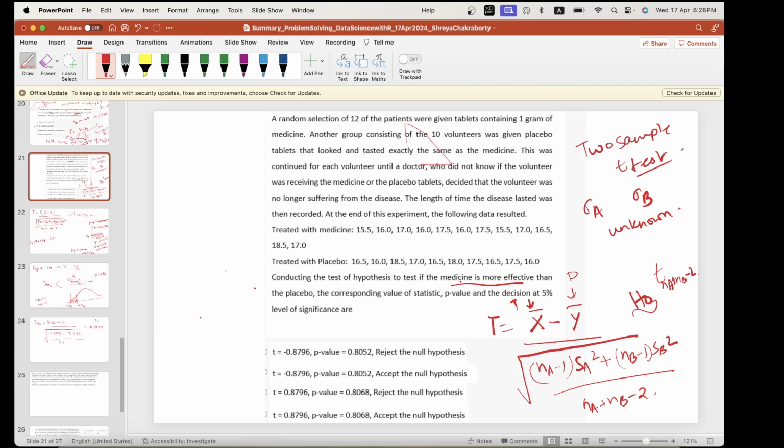Another group was given placebo, continued for each volunteer until a doctor who did not know decided that the volunteer was no longer suffering from the disease. The length of time the disease lasted was recorded. So if the length of time the disease lasts is greater for placebo than for medicine, then only the medicine should be called effective.